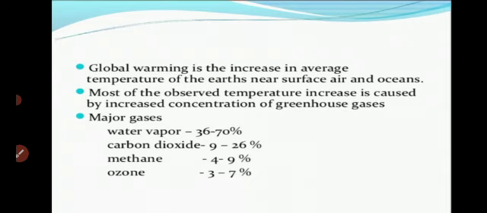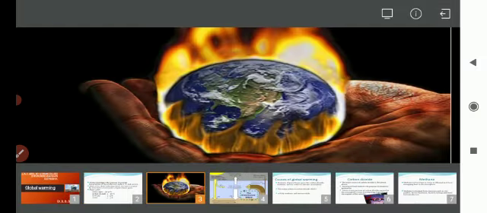Carbon dioxide is 9 to 26%, methane is 4 to 9%, ozone 3 to 7%. So this is the figure of the earth, which is a burning issue nowadays.